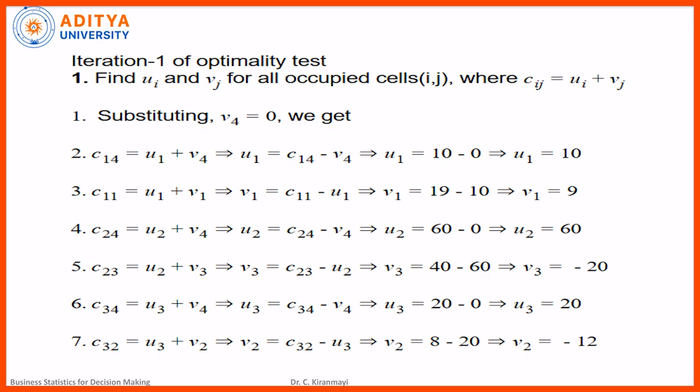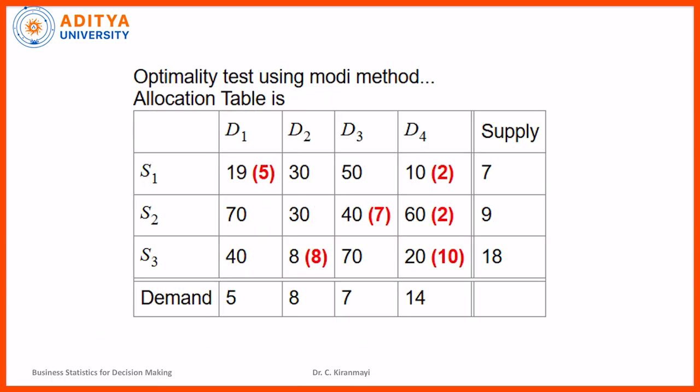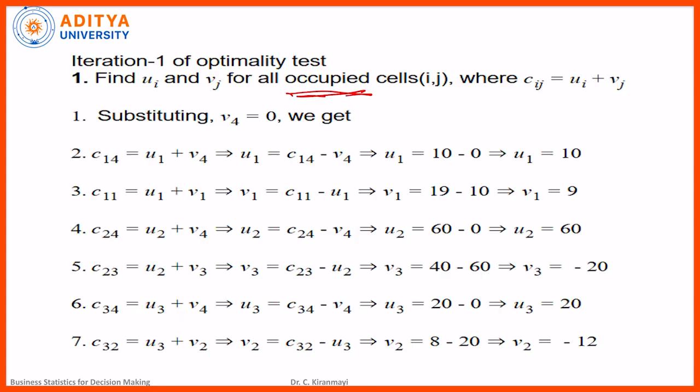Remember, these computations are to be done only for occupied cells. What do we mean by occupied cells? The cells with allocations are called occupied cells. For occupied cells only, we have to compute these Ui, Vj values.